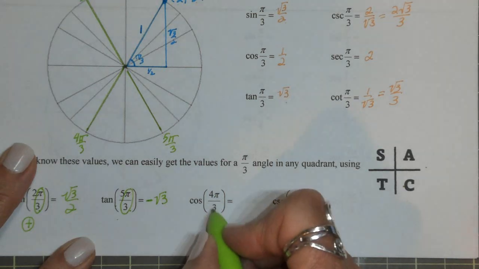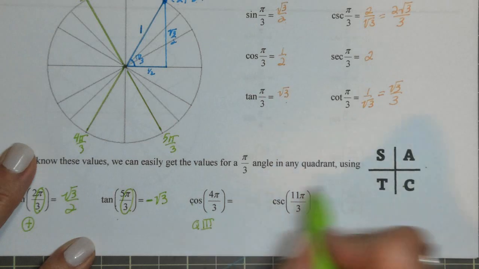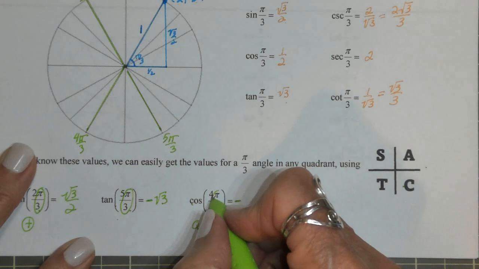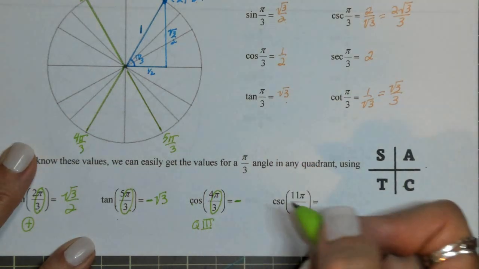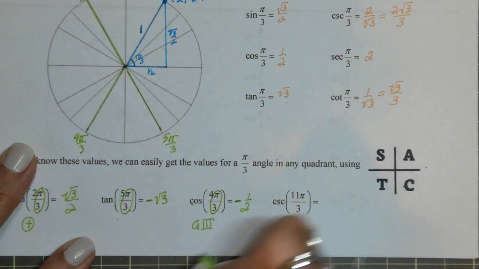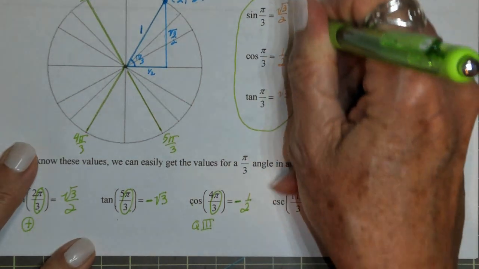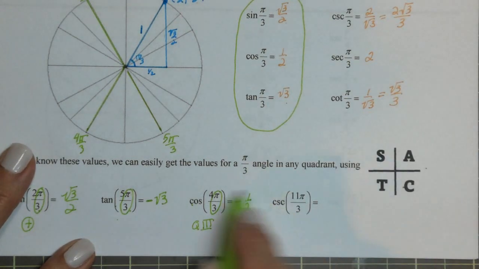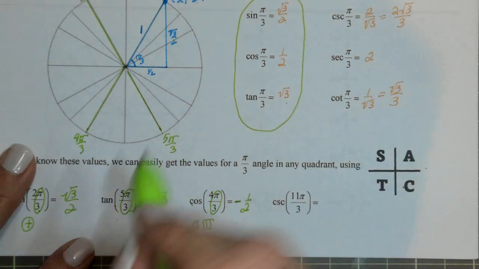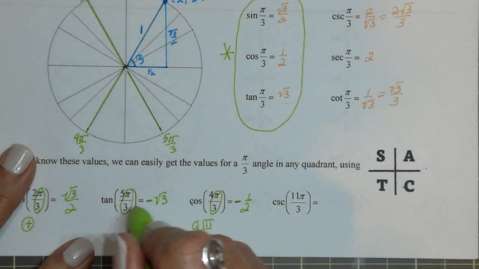Well, 4 pi over 3 is in quadrant 3, where cosine is negative. But it's a pi over 3, and every cosine of a pi over 3 is a half. So if I know these, I can get any pi over 3 angle. That's the ticket. I need you to know these. If you know these, you can get to those.